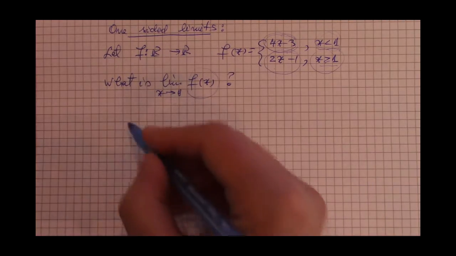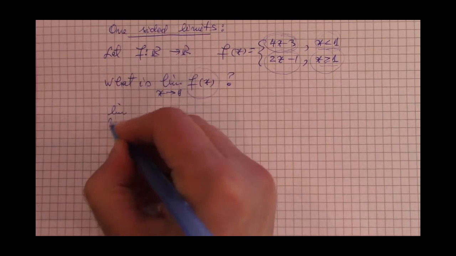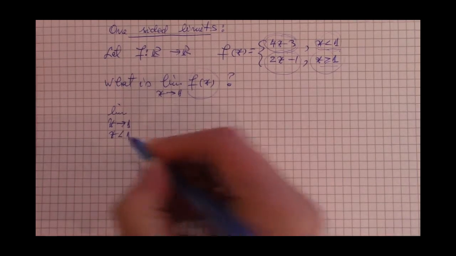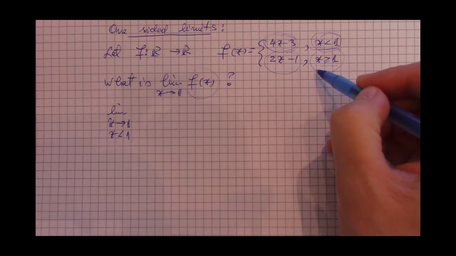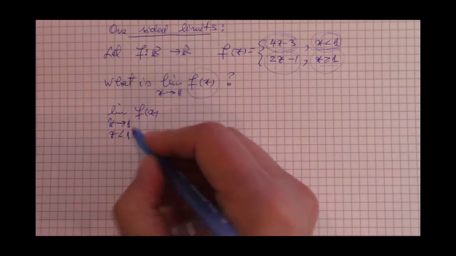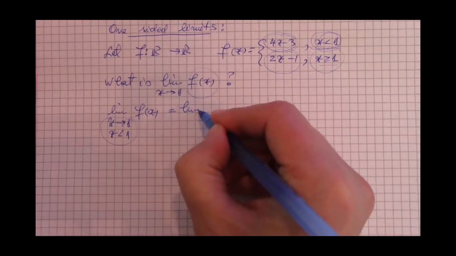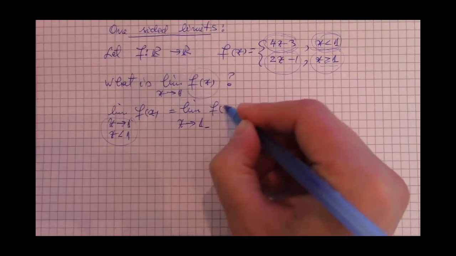These limits are what's called one-sided limits. Basically, we want to compute the limit when x approaches 1, with x less than 1, of f of x. Some people, instead of writing this, write limit when x approaches 1 minus of f of x.